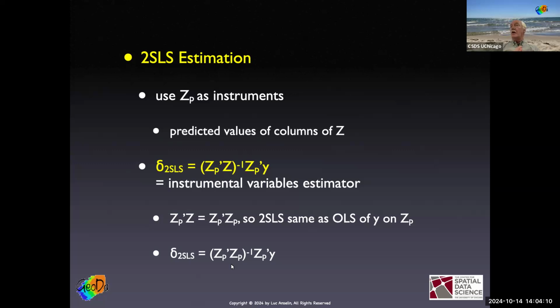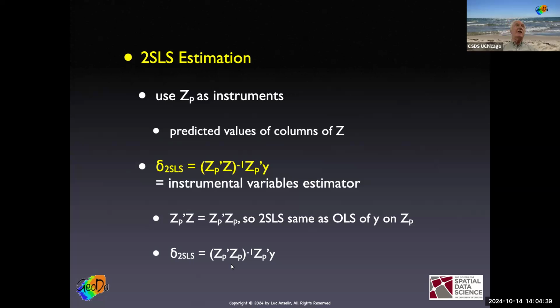So for the originally exogenous ones, it doesn't make any difference. The endogenous ones are replaced by their predicted value from this extra regression. Hence the term two-stage least squares. There's two stages. In the old days, that's how you would compute it, but you don't have to anymore. The first stage, you get all these predicted values.